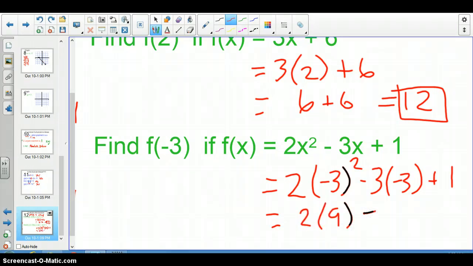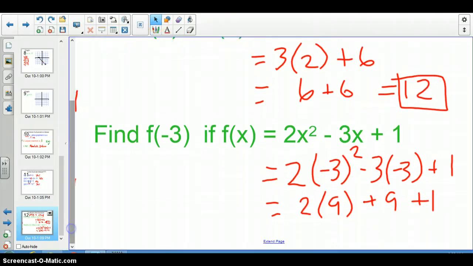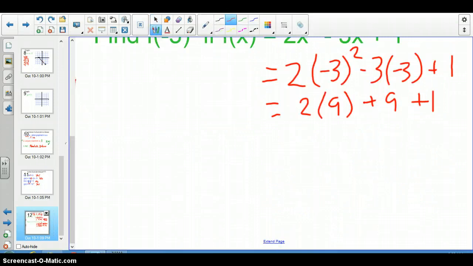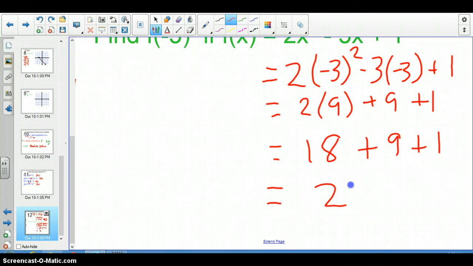Okay, negative 3 times negative 3 is plus 9, plus 1. Two times 9 is 18, plus 9, plus 1. 18 plus 10 is 28.